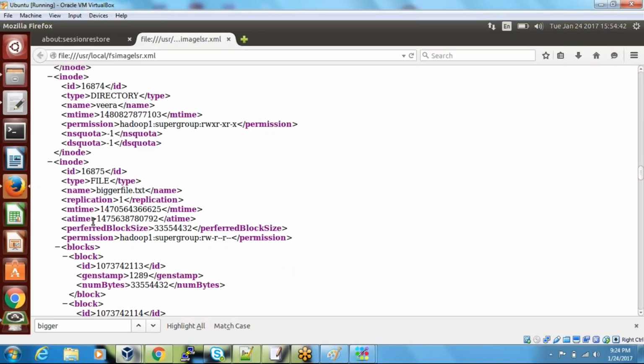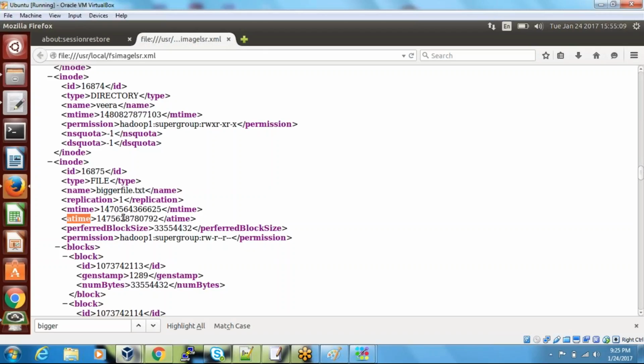We really don't need to know, but to show some proof that it is storing the metadata information in the name node, I have generated this in the form of inodes. If you ask me what this tag and that tag are, I don't know. I know one of the times is the generation time, and maybe the other is when you alter it.